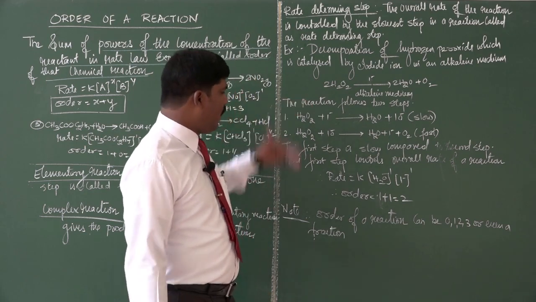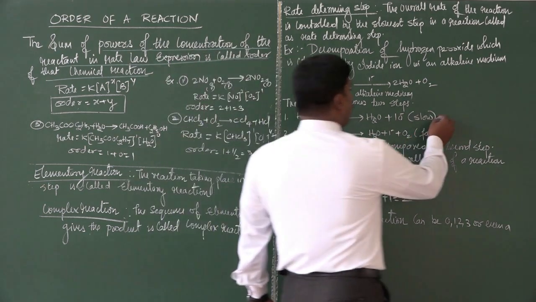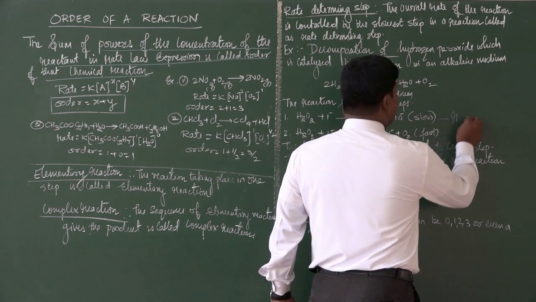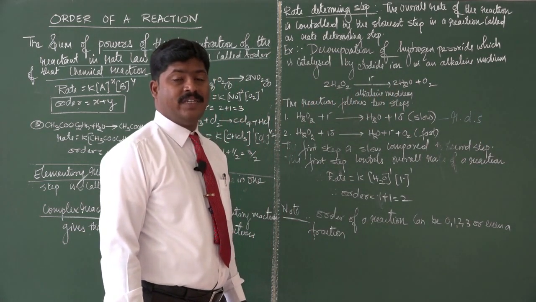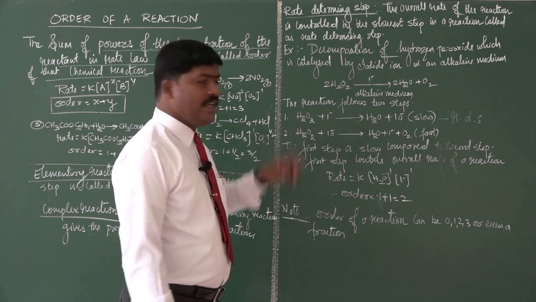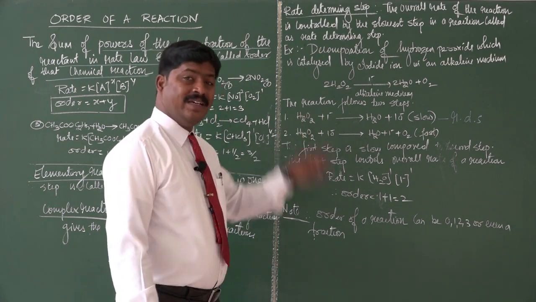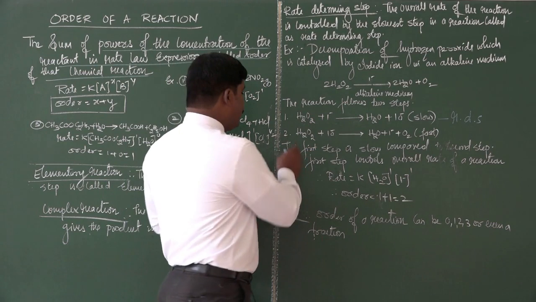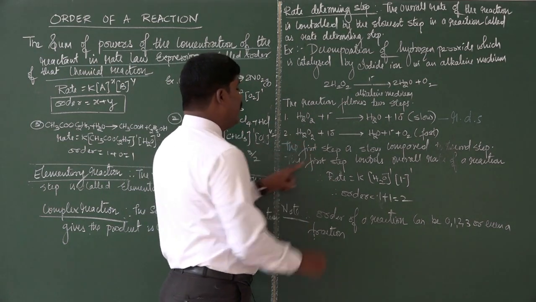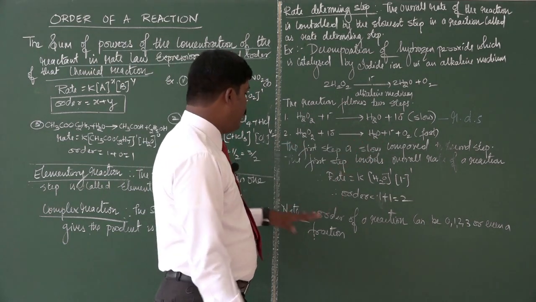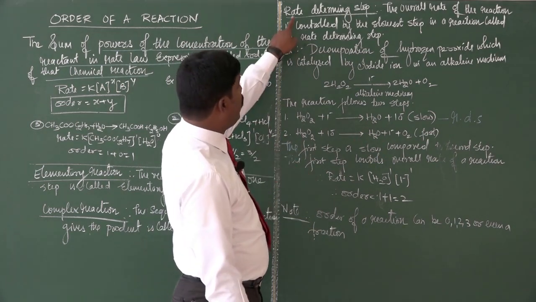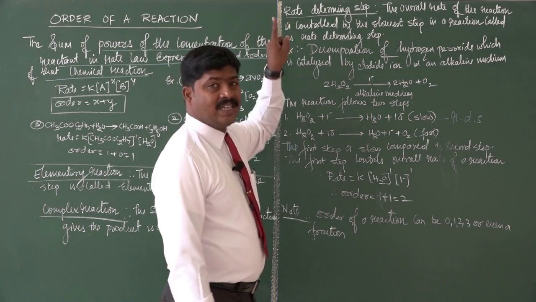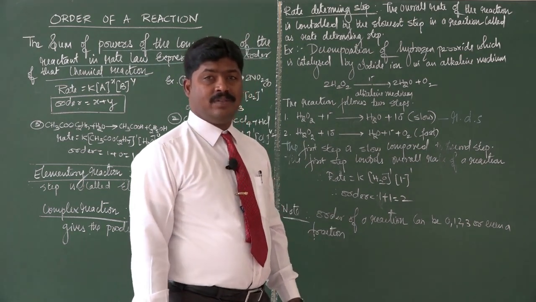According to this mechanism, the first step is a slow step, it has the right to determine the rate of the reaction, the rate determining step. The first step is slow compared to the second step. The first step controls the overall rate of the reaction, that is called RDS, rate determining step.